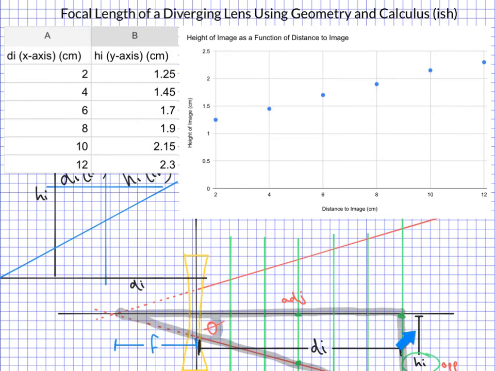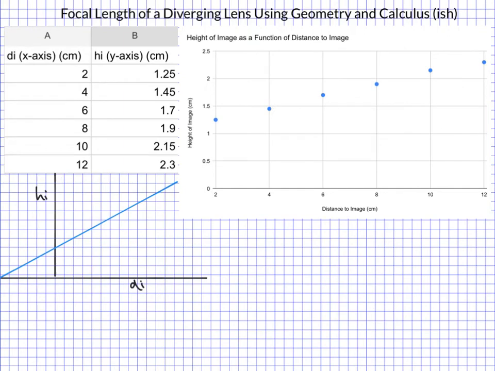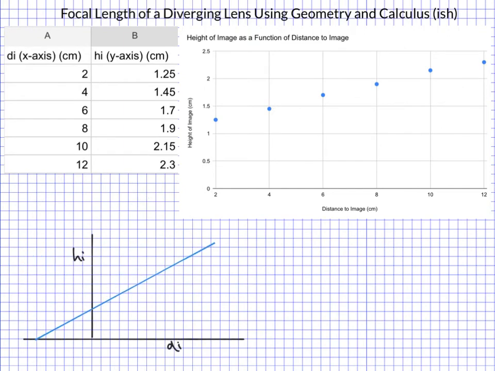Both of these are almost forming the graph itself. You've got the middle of the lens as the y-axis, and then this would be the x, and this would be the y. So the graph itself is almost a reconstruction of the diagram, and that means that we have some significance to the x-intercept. I want us to keep this in the back of our mind. The x-intercept is probably going to give us an indication of the focal length.